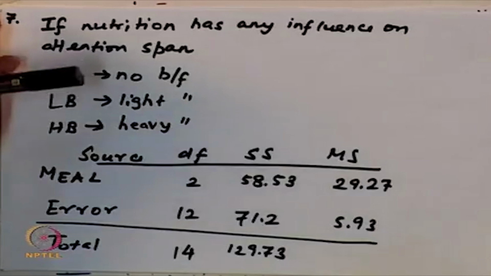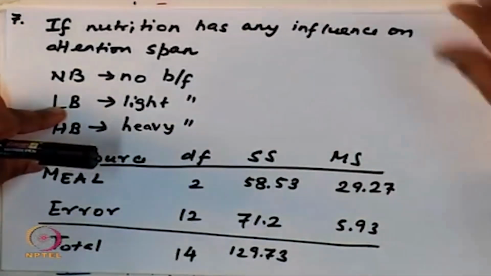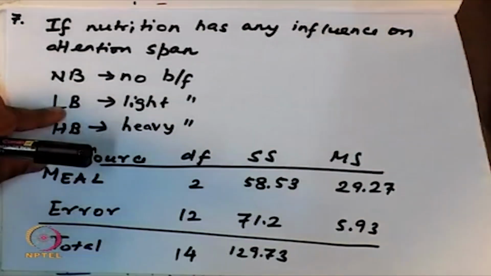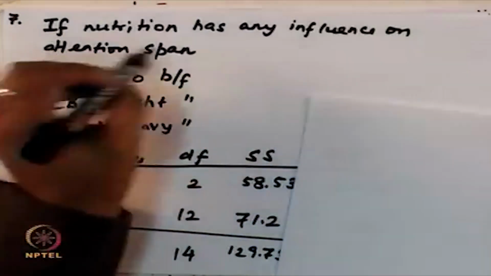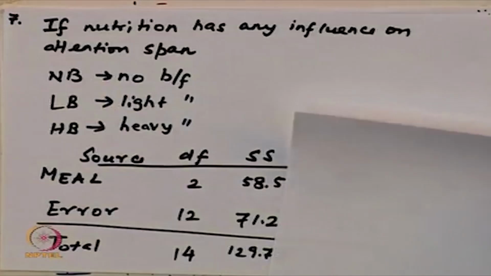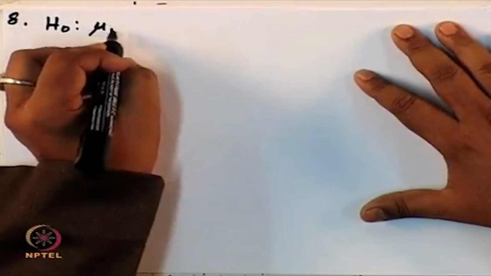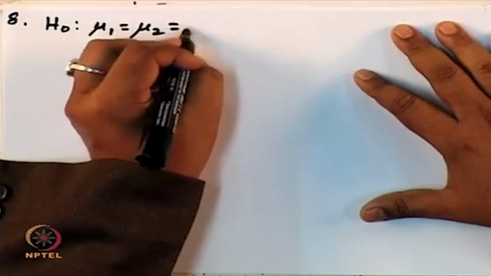Let us say you wanted to test the hypothesis whether nutrition has any influence on attention span. How will we find that out? We will test the hypothesis mu 1 equal to mu 2 equal to mu 3.